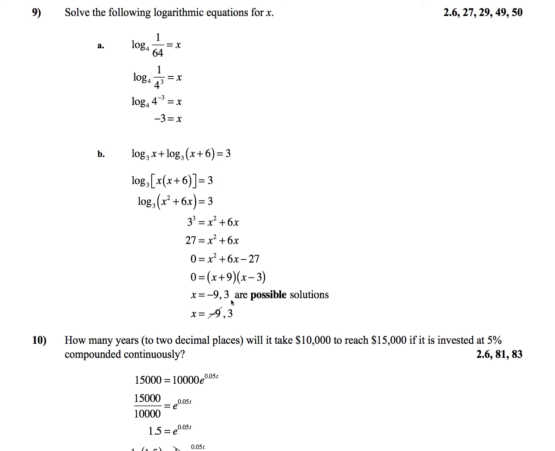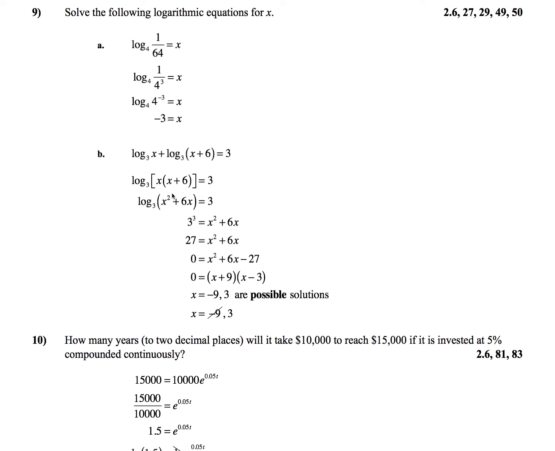So those are the two possible solutions. They are not the two solutions of the original equation, they're merely the possible solutions. And so we check in the original equation if these are viable solutions.